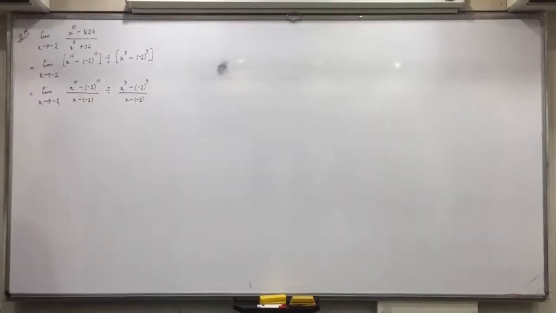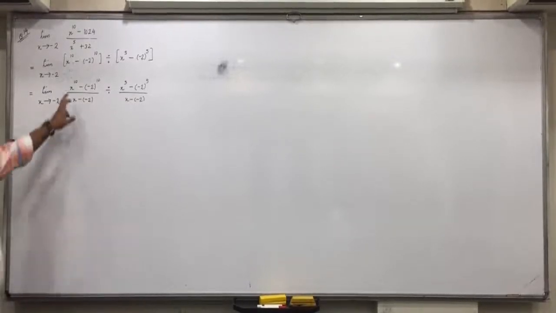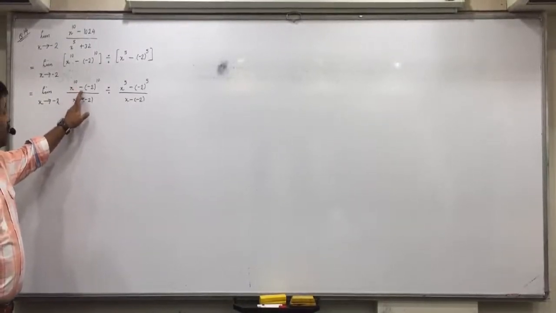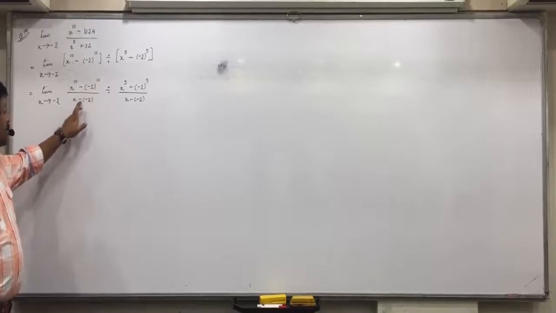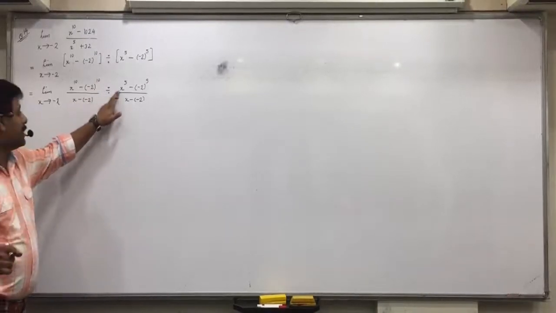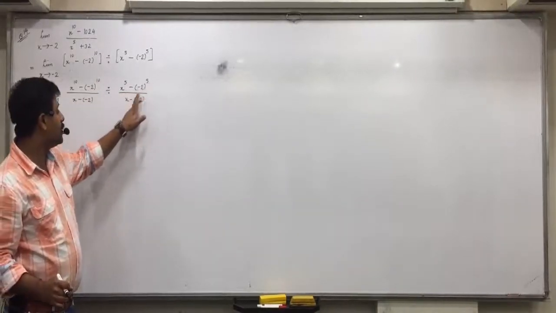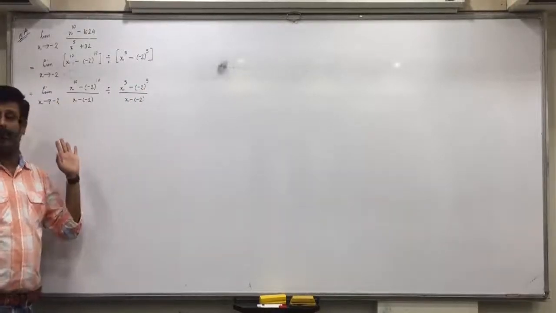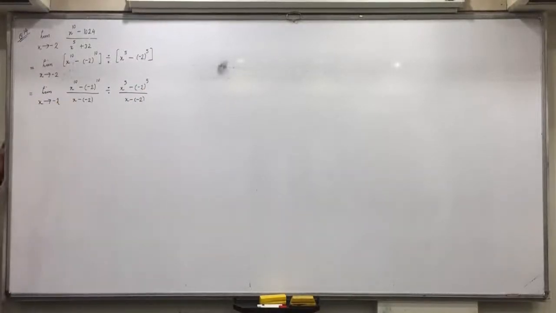Because only in this situation does it come in the order x raised to n minus a raised to n upon x minus a. So you always, instead of writing plus 2, write minus minus 2.